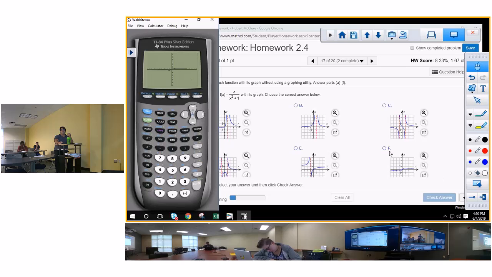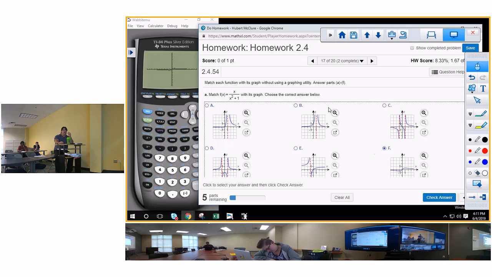It's F. Okay? And as you see right there, you've got a limit. You're converging on 0. You've got a horizontal asymptote of 0. That's your inflection point, right? Yeah.